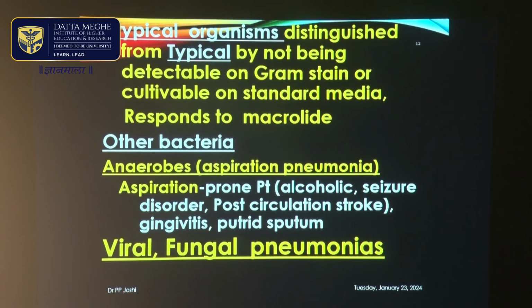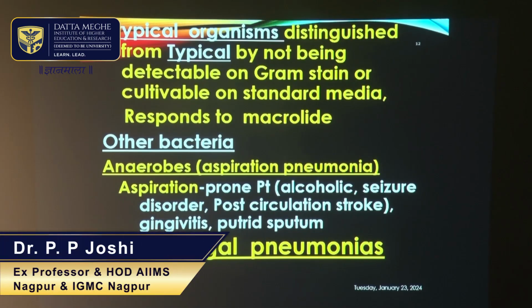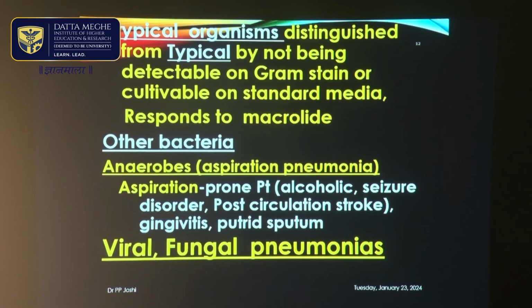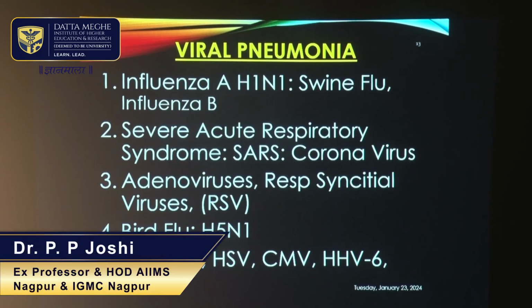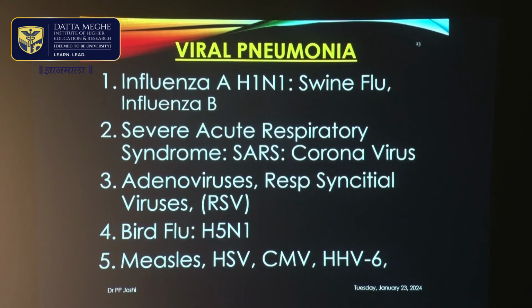Viral pneumonias have particularly gained a lot of importance recently since the COVID pandemic, where we had COVID, an RNA virus causing devastation and causing pneumonia. And then there are fungal pneumonias also. Now let us look at the viruses which can cause pneumonia. These include influenza A H1N1, that is influenza viruses, swine flu, that was a new virus.